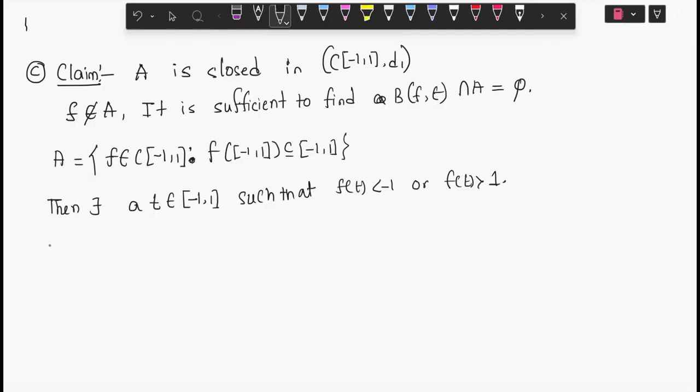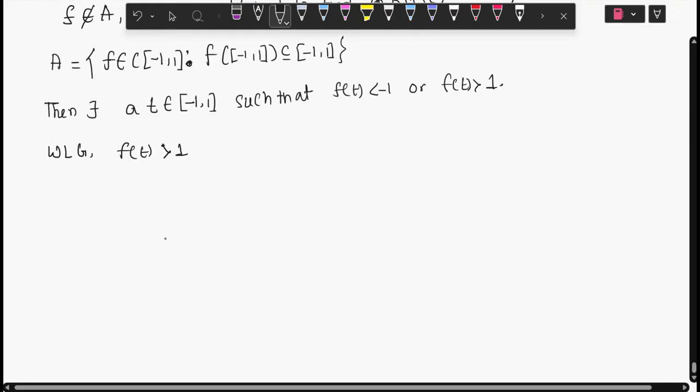Without loss of generality, I am assuming f(t) is greater than 1. Otherwise f(t) would be less than -1, and again we can copy our argument. So my claim is f(t) is greater than 1.